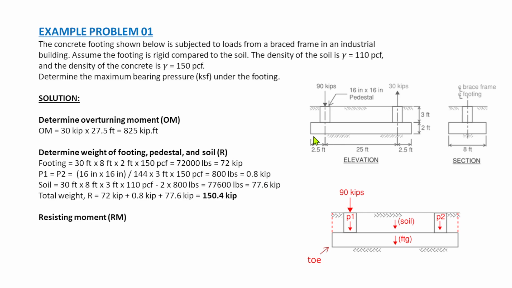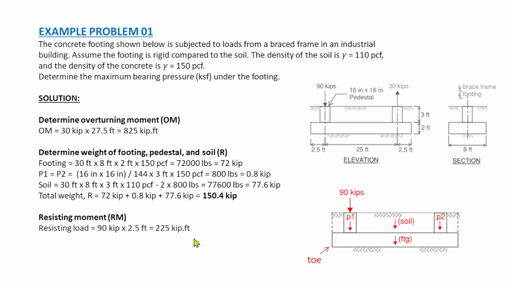We have the overturning moment counterclockwise, and that will be countered by our resisting moment. The resisting moment will counter that uplift with respect to point 2. So this downward force is our resisting load.